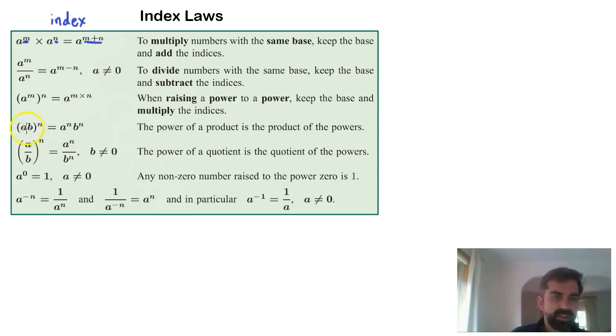The next one says that if you've got two values multiplied together in brackets raised to a power, then you can raise each of those to the power and remove the brackets. And similarly if you're dividing. Now I'll just leave the last couple for now, and I'll just show you some examples of those first few.